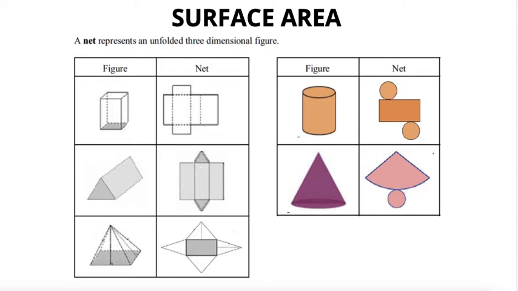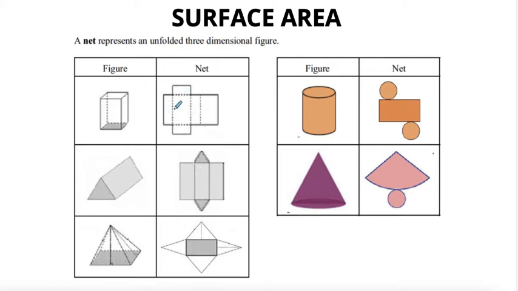So a net is something that if we were to deconstruct or take apart this object, if it was made out of cardboard or paper or whatever sort of material, if we unfold that, what would it look like? And then when we're thinking about the surface area, we are thinking about all those different pieces that make up that shape.